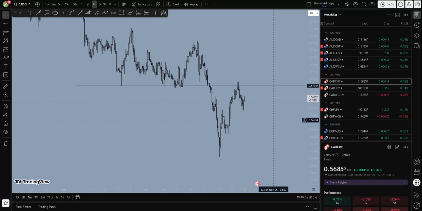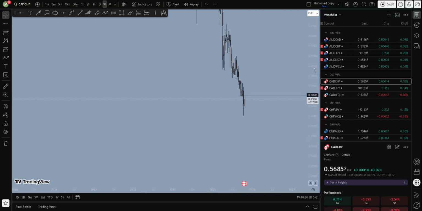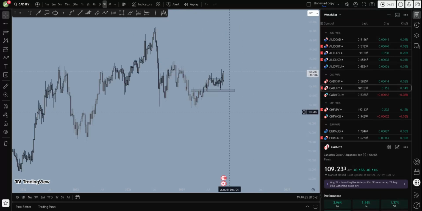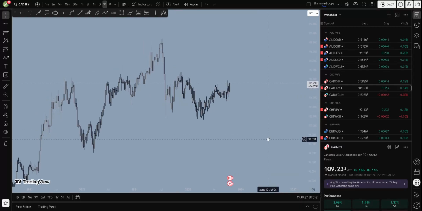So we're just going to have to be patient with this one. I don't like it that much, even if it came now for a double top and then drops, because this market is really overextended. Can keep an eye out on it.